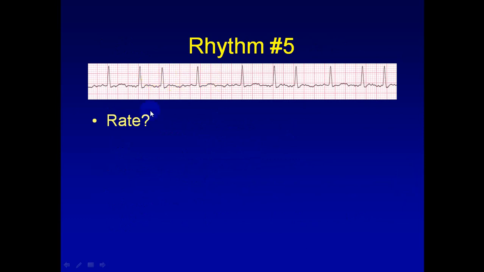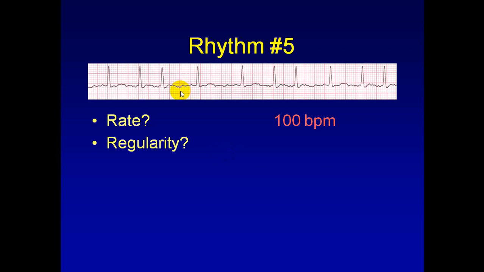So as we know, we count 15 large squares, 1, 2, 3, up to 15 large boxes, and count the number of R waves, times 20. So the rate is nearly 100 beats per minute. About 5 between these 15 big squares, times 20, about 100.